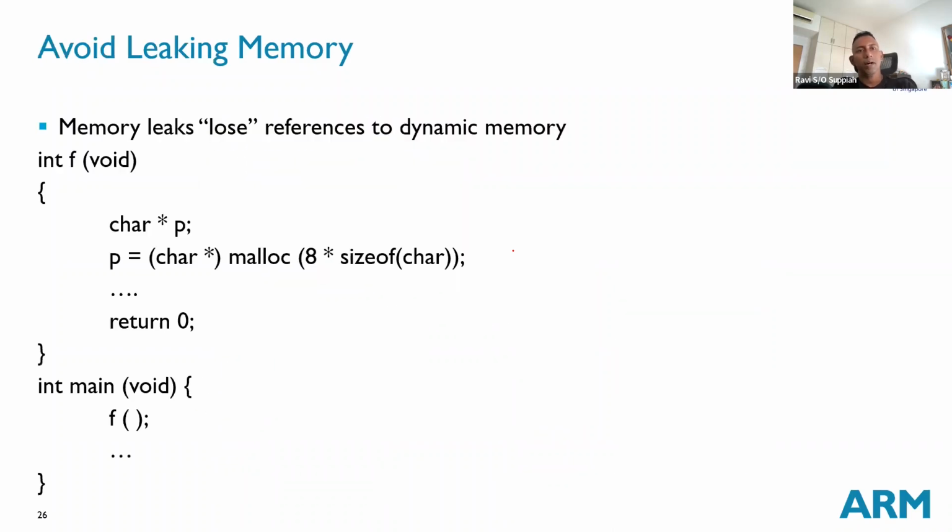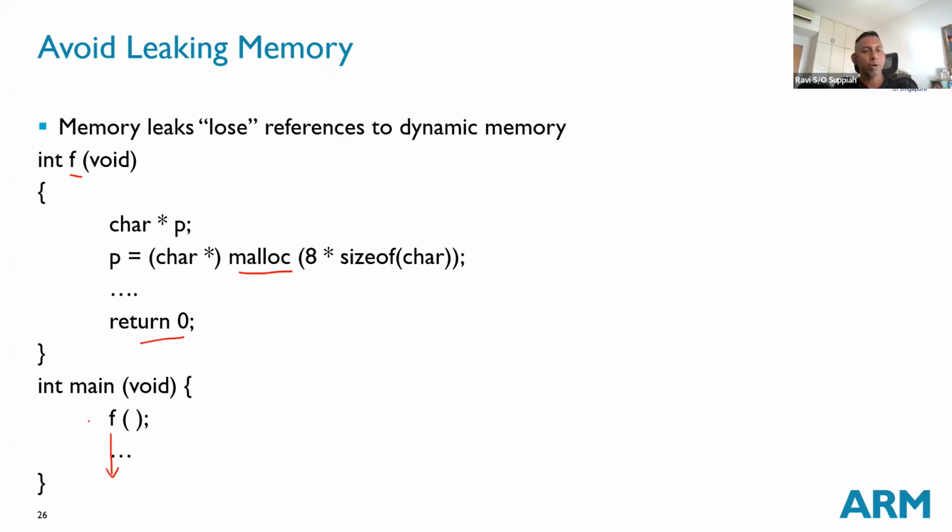So what are some of the common issues with dealing with memory allocation? If you look at this example, what is happening here? You call a function f, you do a malloc, and then you return and continue with the rest of the program.